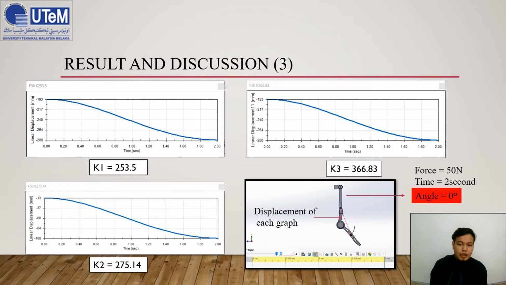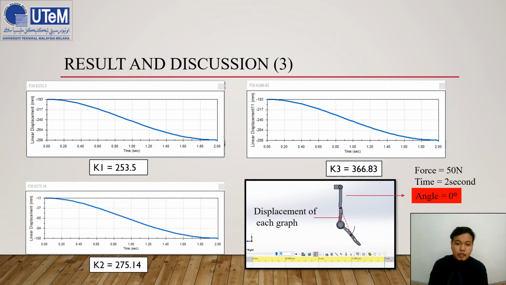Okay, for the next slide, I will explain about objective 3, where I ran the test on a motion study analysis. As you can see, the graph that we generated from the motion study is the first one, where we use a force of 50 by using K1, which is 253.5.